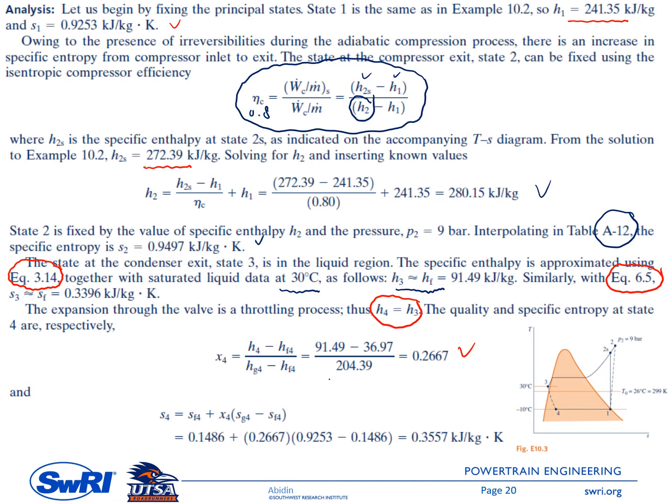The quality at point 4 is 0.2667. Then you can calculate S4, which I believe will be used for the exergy analysis. S4 is 0.3557 kilojoule per kilogram Kelvin.